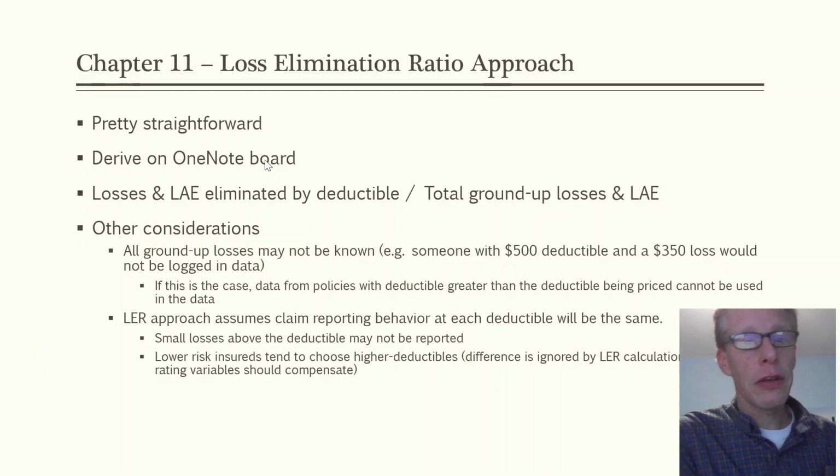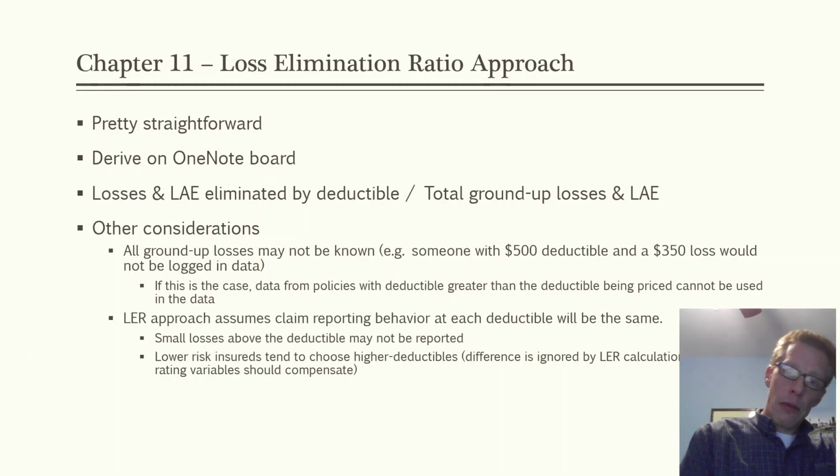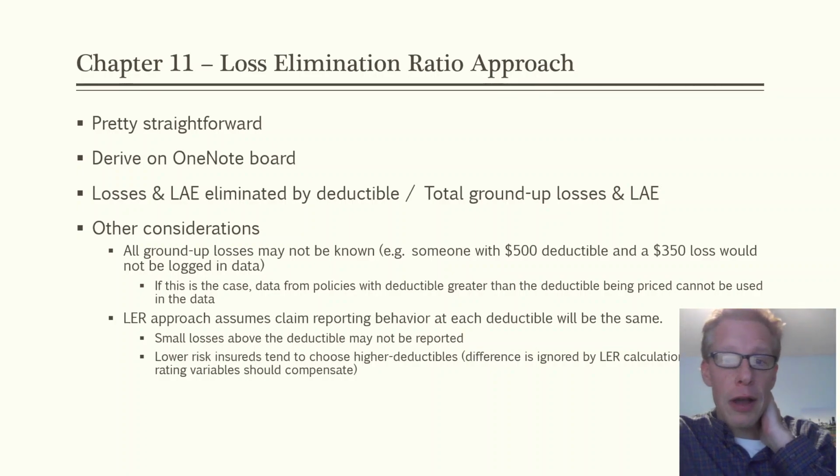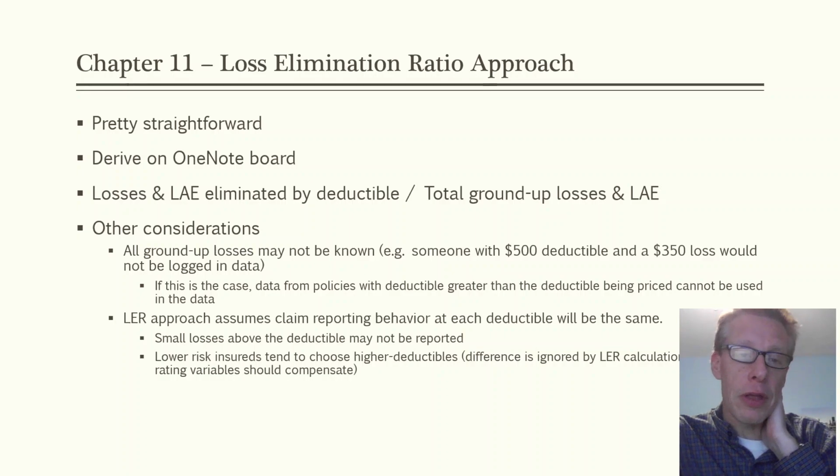I'm not going to derive it for the sake of time, but really it is the losses and LAE eliminated by the deductible divided by the total ground-up losses and LAE. So rather than limiting losses, we're taking them off the bottom now. We're going from ground up to eliminated by the deductible.